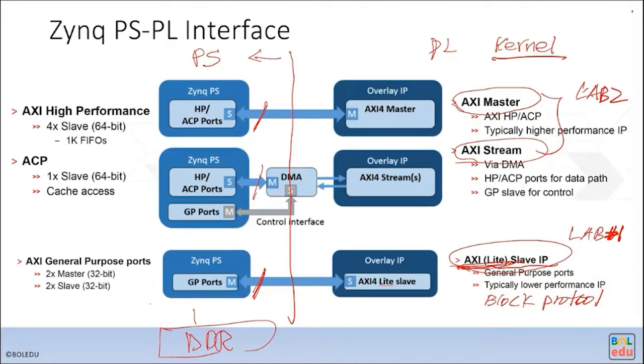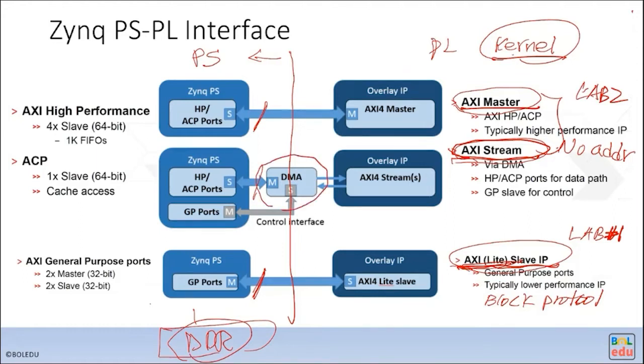So basically, the kernel function communicates with the host through these three interfaces: AXI master, AXI stream, and AXI Lite. One thing you need to pay attention to is that the AXI stream doesn't have address information. However, to access the DDR memory, you need an address. So in this case, you have to use a DMA IP.